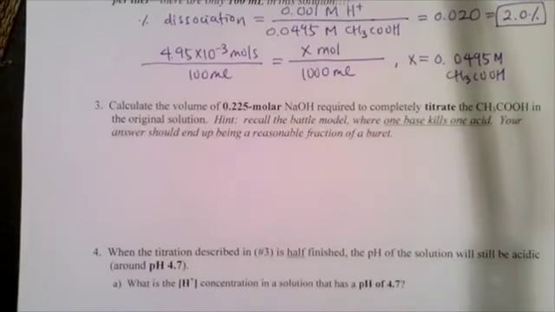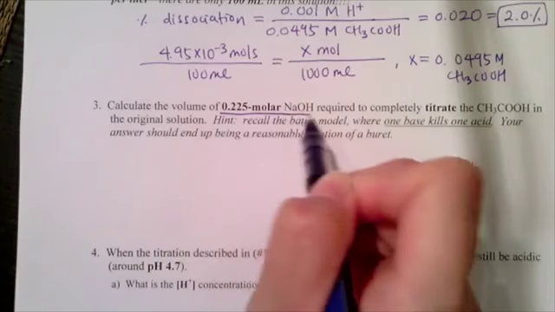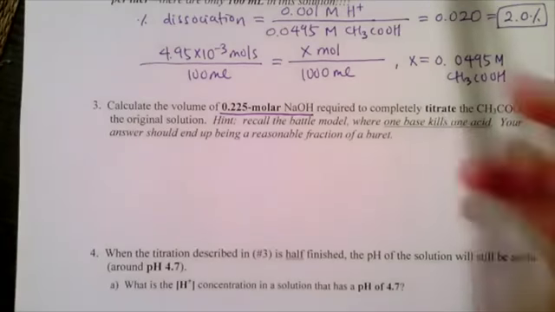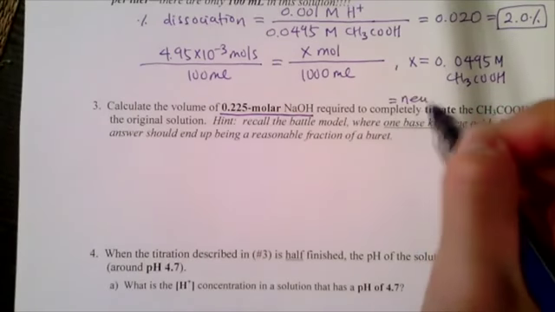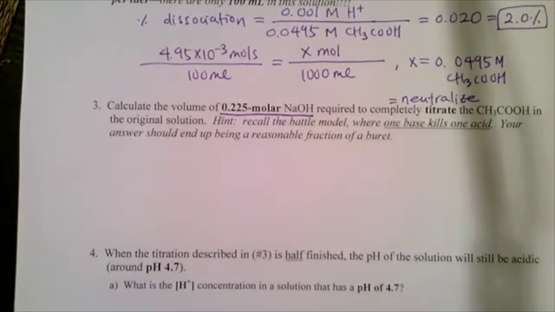So for question number 3, now we have to calculate the volume of 0.225 molar sodium hydroxide solution that's required to completely titrate or neutralize the acetic acid in the original solution. Now this is very similar to what we did in last week's lab, on titrations.